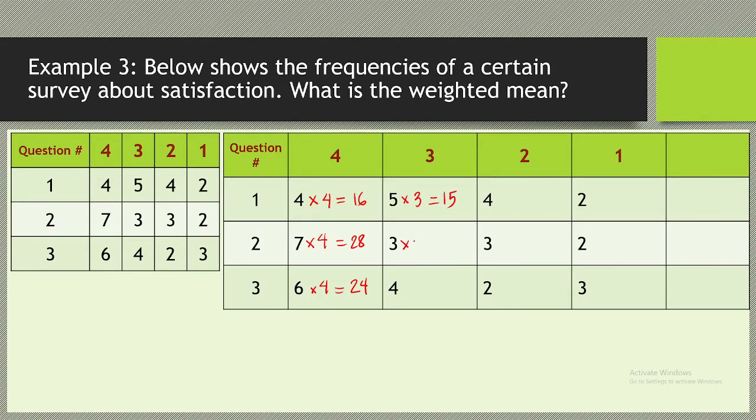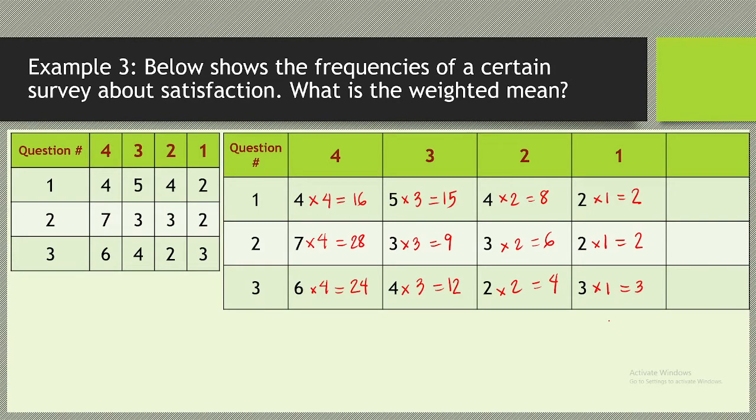You multiply this by 3, you'll get 9. Multiply this by 3, you'll get 12. For the column with a weight of 2, you multiply it by 2, you'll get 8. You'll get 6. You'll get 4 for this. And lastly, for the weight of 1, multiply it by 1.